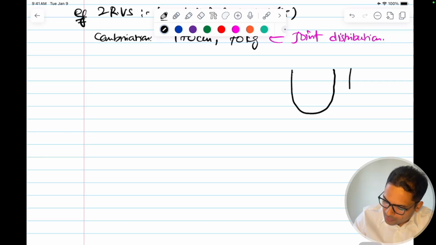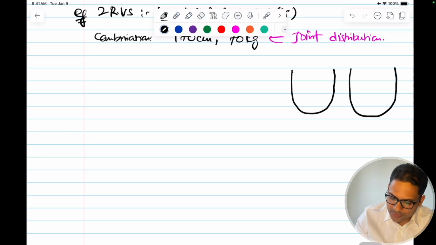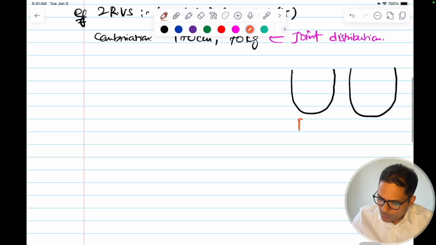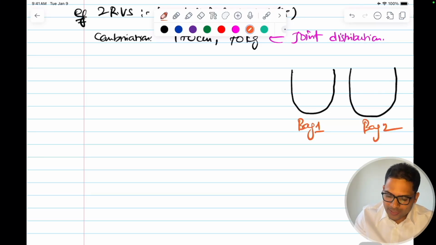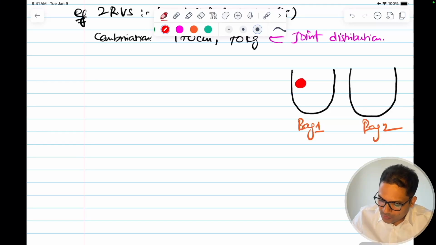One bag, second bag. Say this is bag 1, this is bag 2, and what do they have? The first one has 2 red balls, and the second one has 3 red balls, 1, 2, and 3.